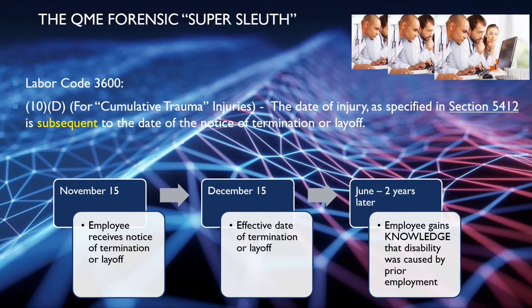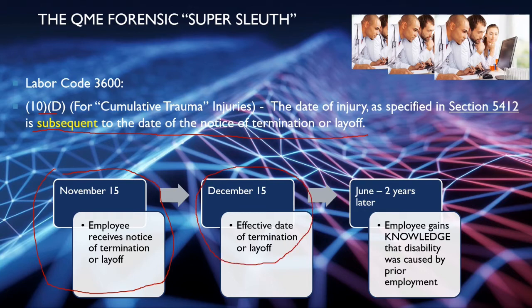Let me give you an example of how this might present in the evaluation. Remember that 10D tells us that the date of injury is subsequent to the date of notice of termination or layoff. So for example, on November 15th, the employee receives notification that on December 15th they're no longer going to be working, they're going to be laid off 30 days later.